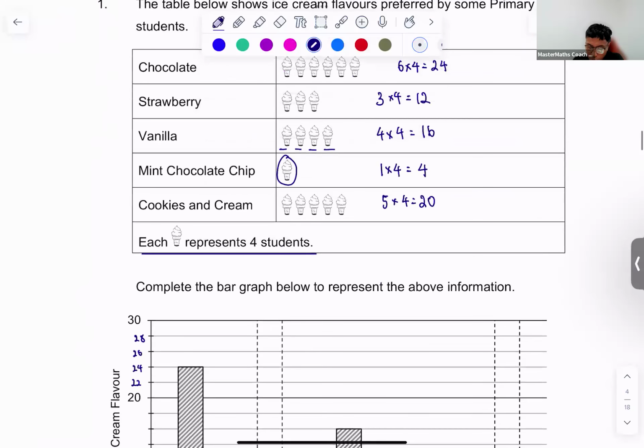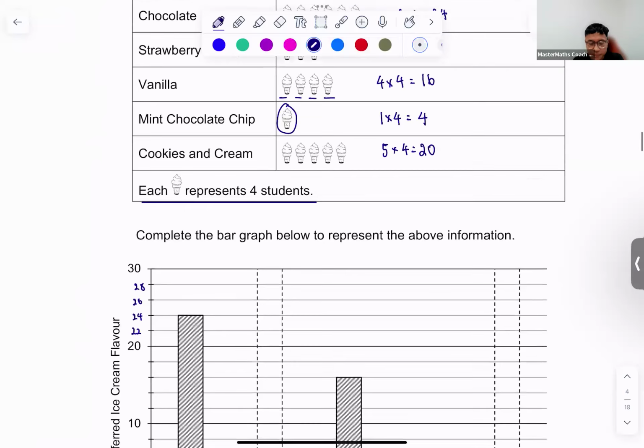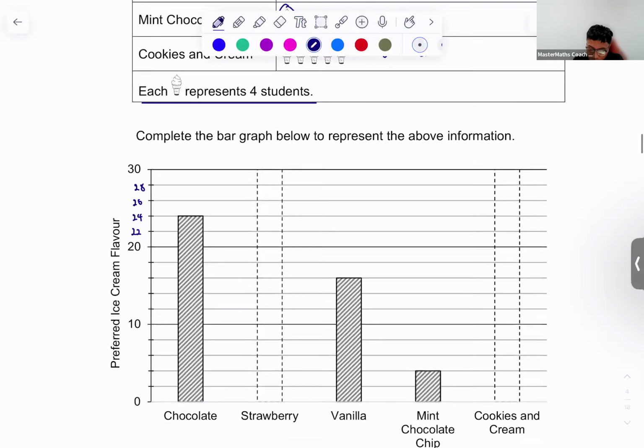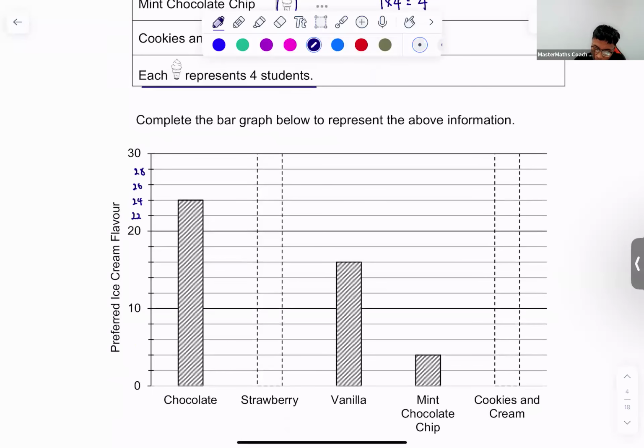Can you tell me how many students like strawberry? 12. Correct. So we're going to put 12 in the bar graph below. So you have 0, 2, 4, 6, 8, and then 10. This is 12, so 12 will be right here. We're going to draw it like this, and then we're going to shade.